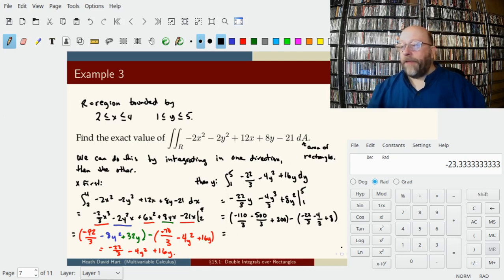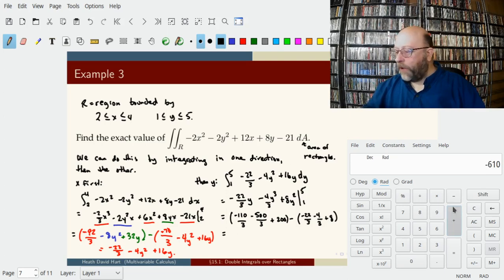All right, let's add all of this together and see what we get. So let's do the thirds first. I'm going to do the 200 and the 8 at the end. So we're going to do negative 110 minus 500.